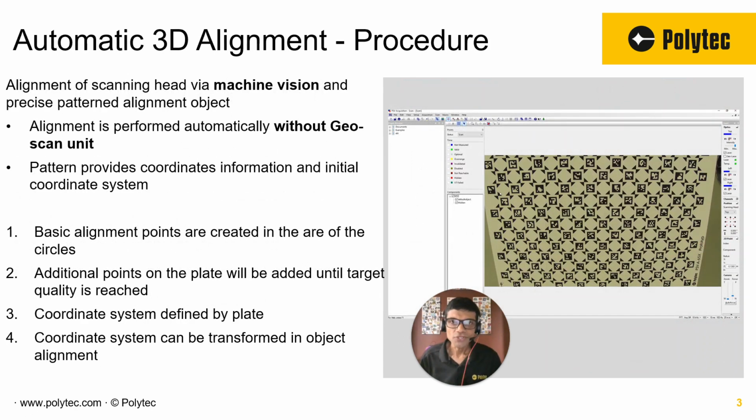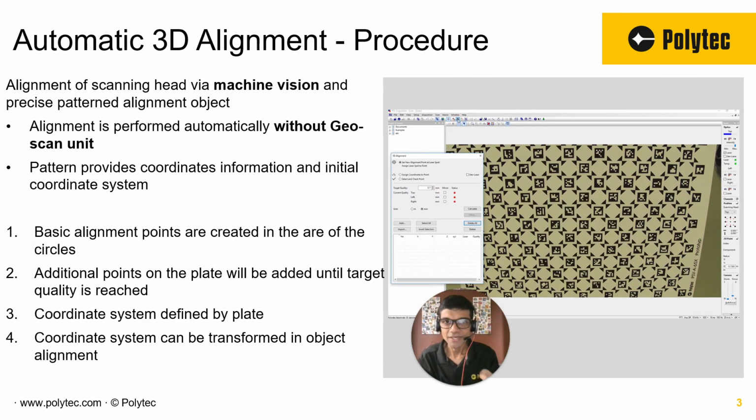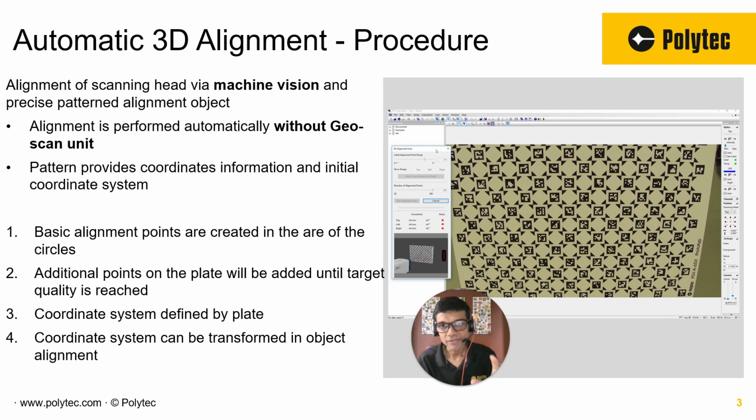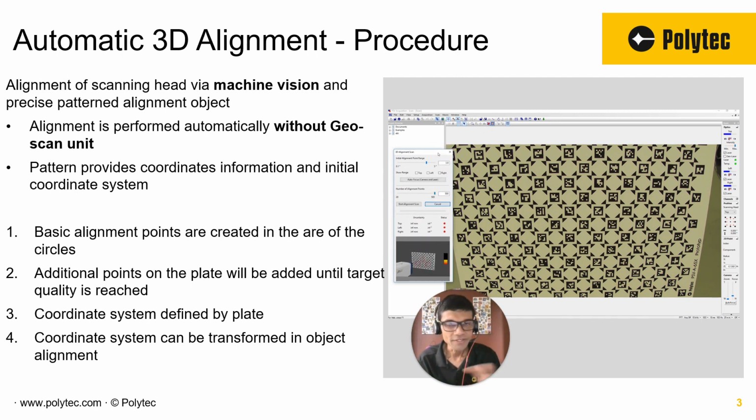Now let's go through some of the details, and this is the last slide. On the right side, you'll see a video going through the process. On the left side, I have put some notes. This process is done automatically with a click of a button. It doesn't require a geometry scan unit. The object we use is a lightweight carbon fiber plate with, and here's the beauty of it, a powerful camera.